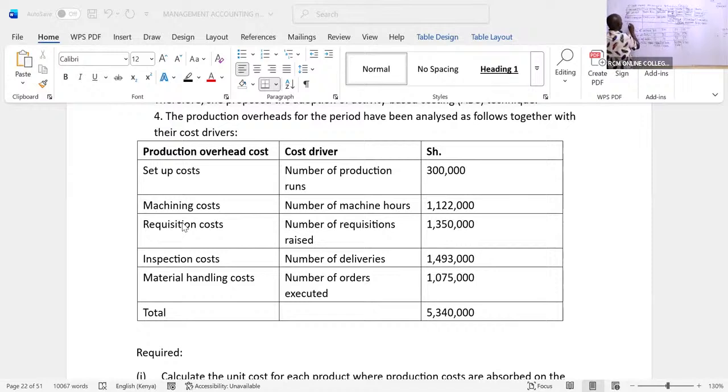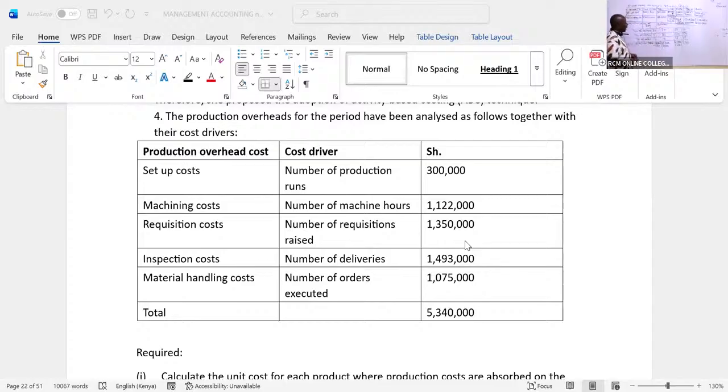In this case, they've told us the number of requisitions is the cost driver. Have they given me the total amount of requisition cost? Yes, 1,350,000.